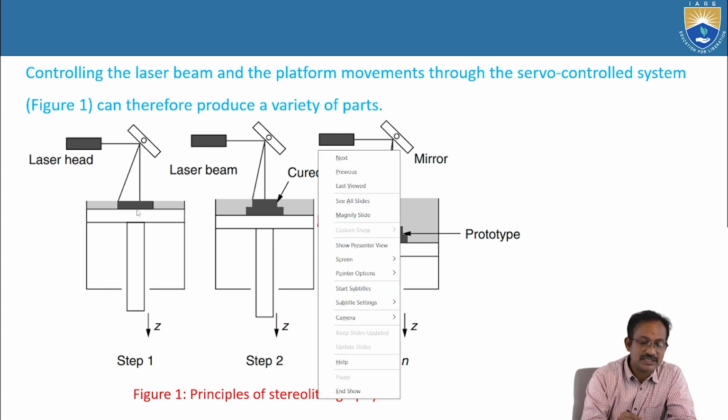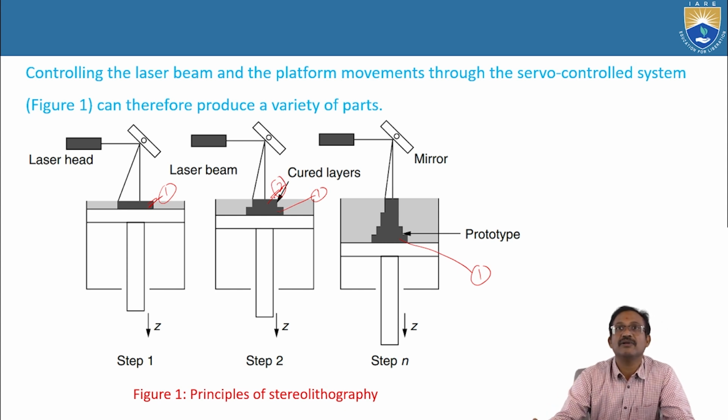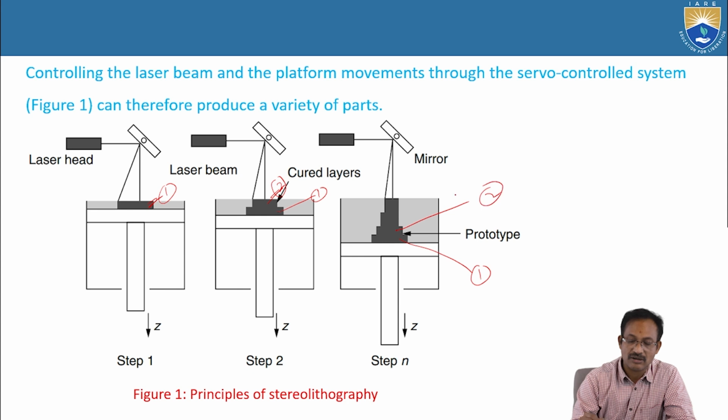Let us say in the first instant this one is over. In the second instant this portion, why? Because it has lowered this much distance, so in the second instance that layer will be solidified. Subsequently, this is second, this is third, this is fourth.